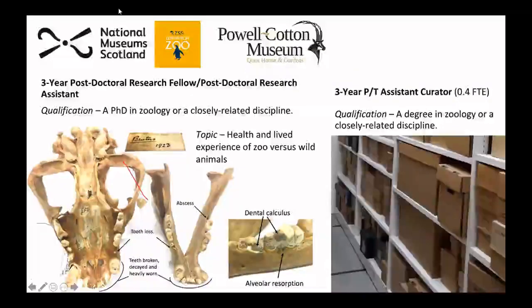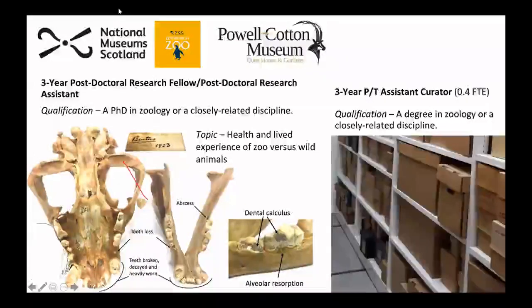And this will be partly through morphometrics, but we also want to look, as I mentioned earlier, at linking the data in zoo archives to animals that are preserved in those collections and exploring a bit more about why those animals have been preserved.